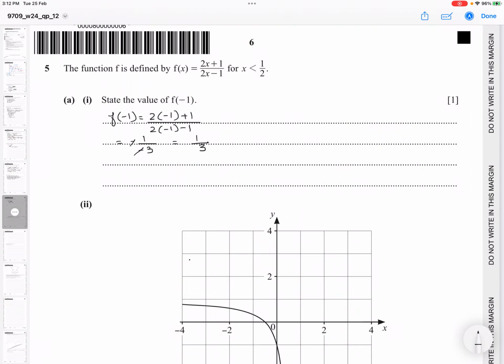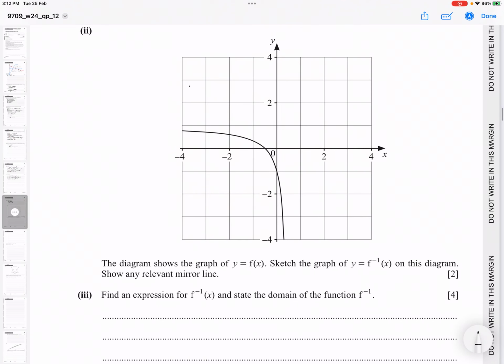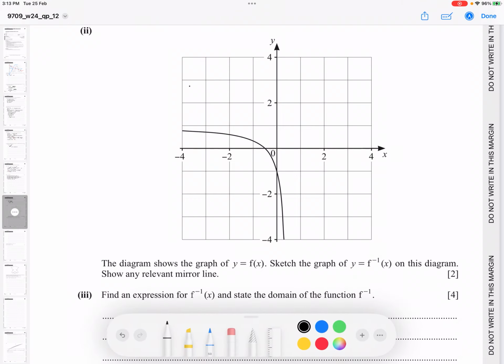Second part, he has given you a sketch. The diagram shows the graph of y is equal to f of x. Sketch the graph of y is equal to f inverse of x on this diagram. Show any relevant mirror line. How to do this? You have to always remember one thing. You have to draw a line which is called y is equal to x.